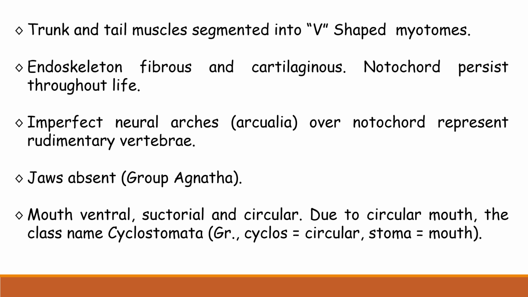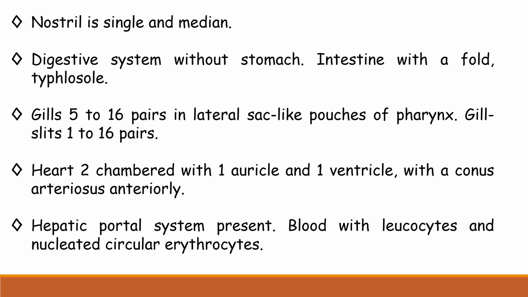If you see the meaning of Cyclostomata, this is a word derived from the Greek language, where cyclos means circular and stoma means mouth. Nostril is single and median in location. Digestive system is without stomach, and the intestine has a fold known as typhlosole.